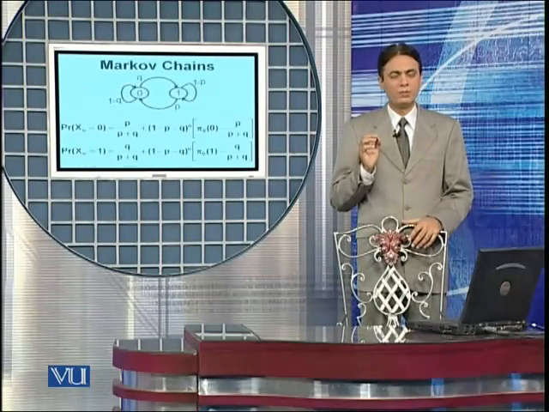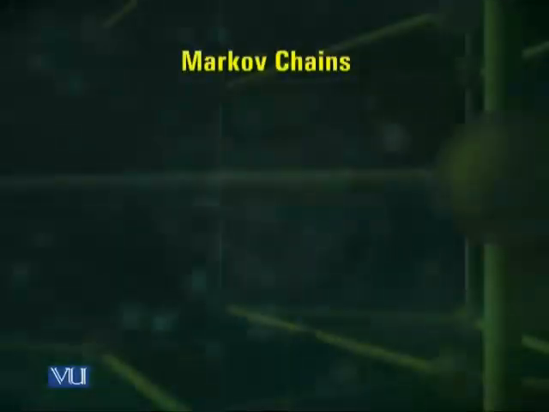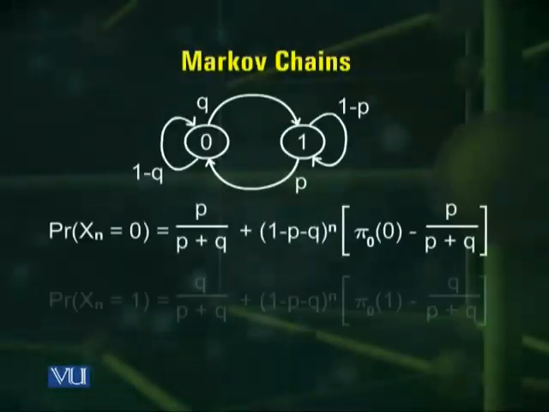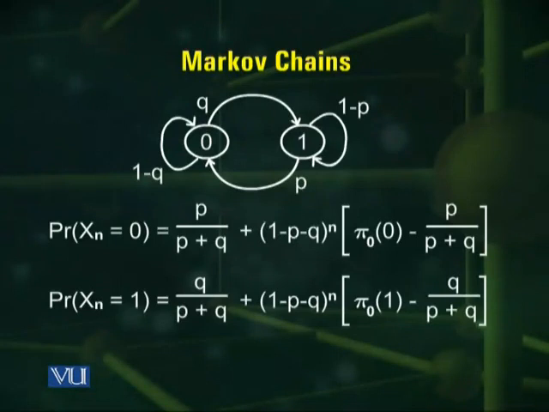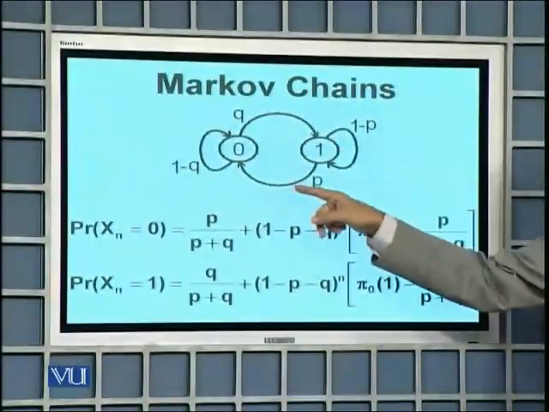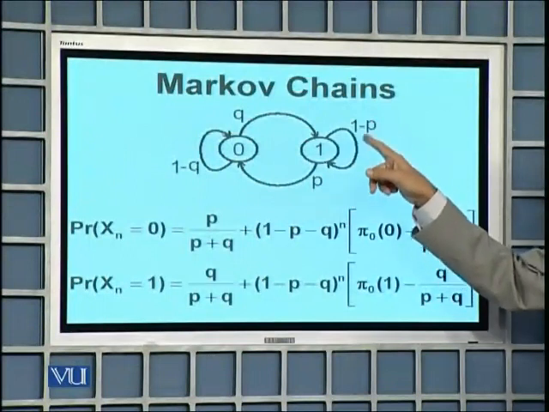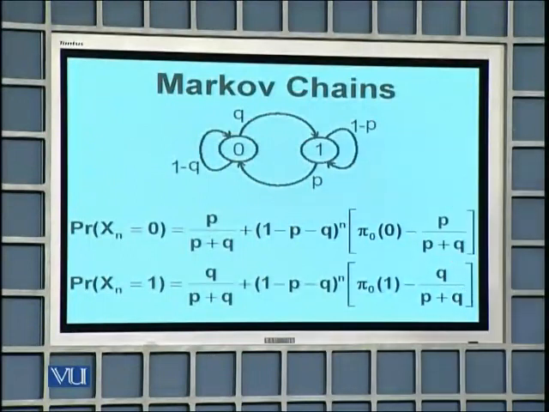So we are going to just see the formulas for that case and try to make sense out of those formulas. This is the Markov chain where if machine is broken, it gets repaired with the probability q, and it does not get repaired in one day with probability 1 minus q. Similarly, if it is in a working order, it breaks down with a probability p, and it keeps on working till next day with a probability 1 minus p.